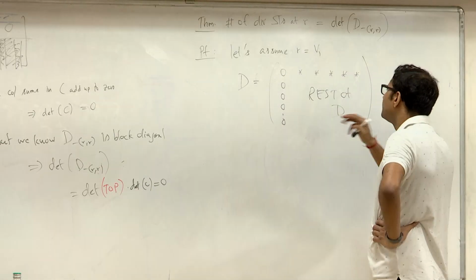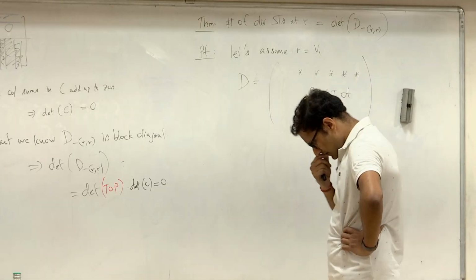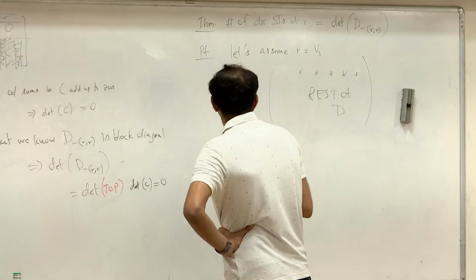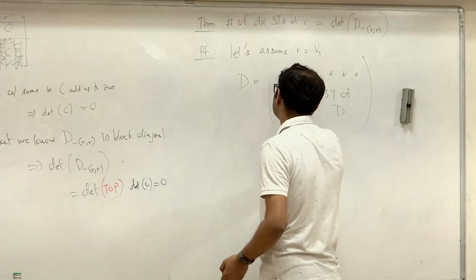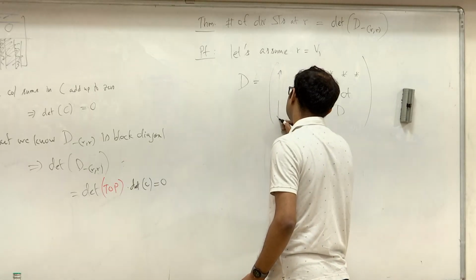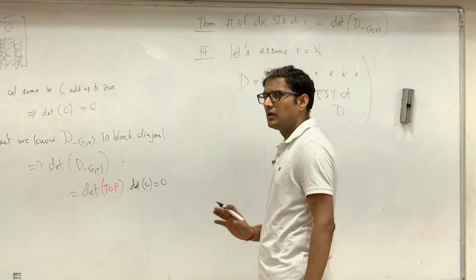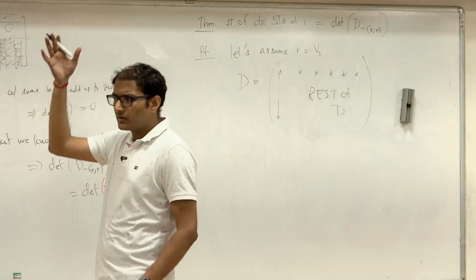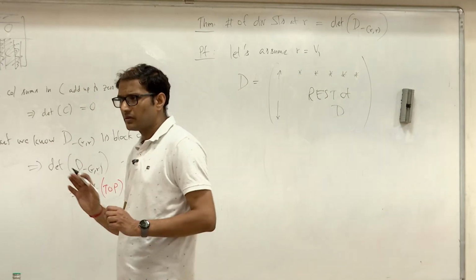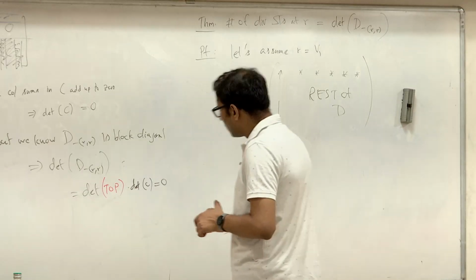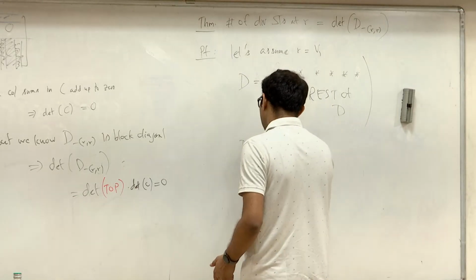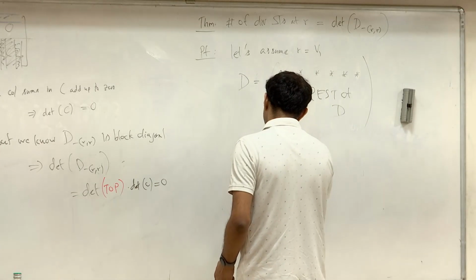There are some entries in this column, I do not know what they are. The only thing that I know is that all the columns add up to 0. So what I would do now is define a new matrix, D new.